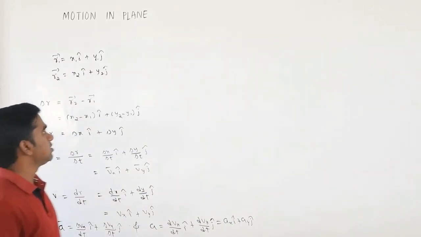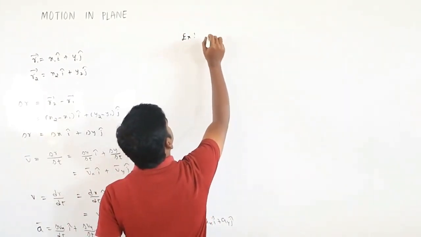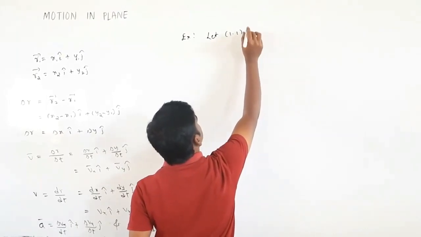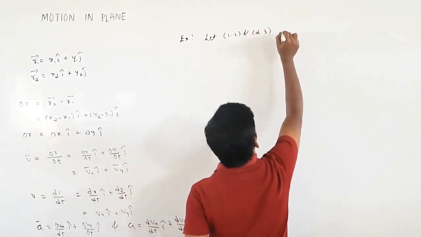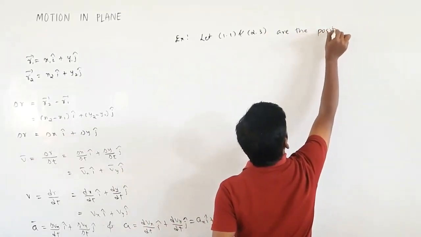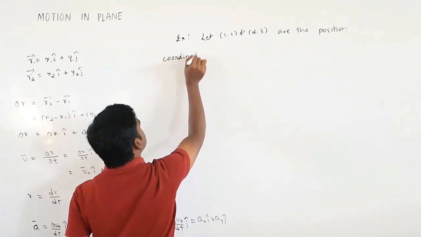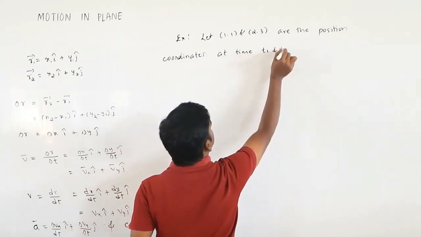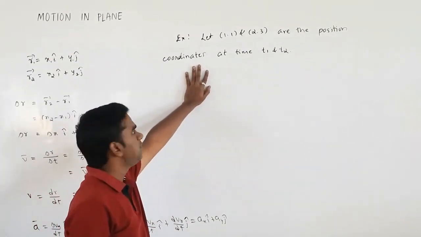So let us say suppose (1, 1) and (2, 3) are the position coordinates at times t1 and t2.